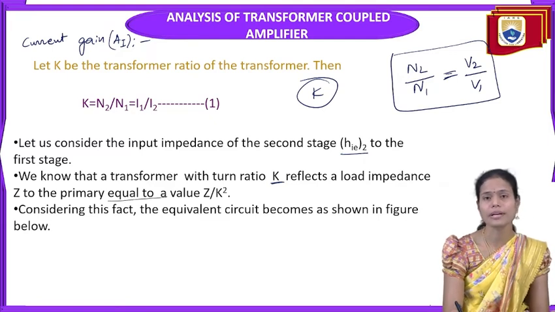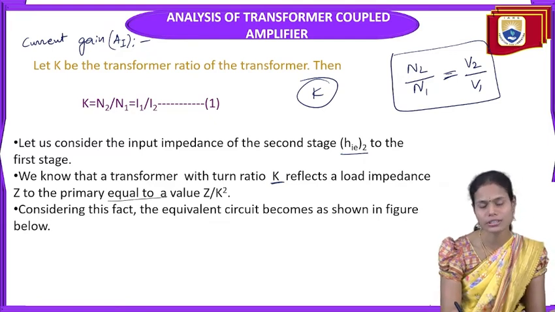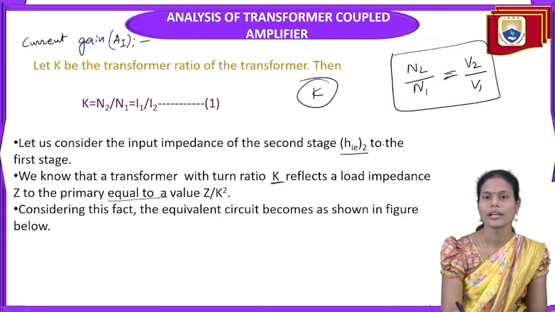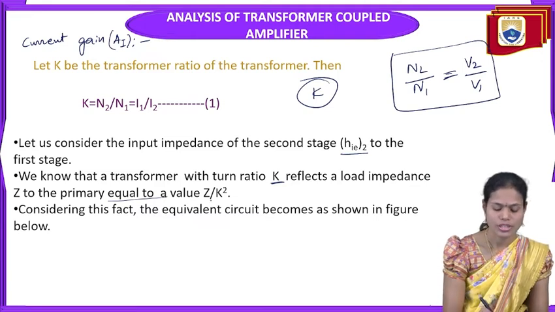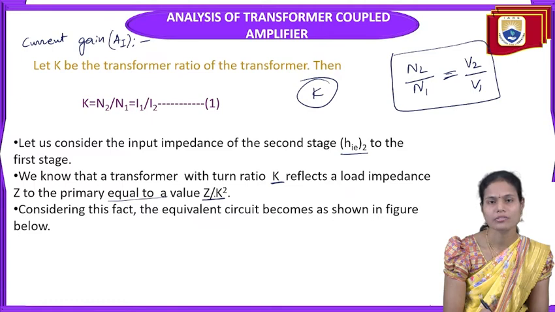Along with that impedance, the turns ratio also comes into the picture, so we take it as Z by K square, impedance divided by turns ratio squared.